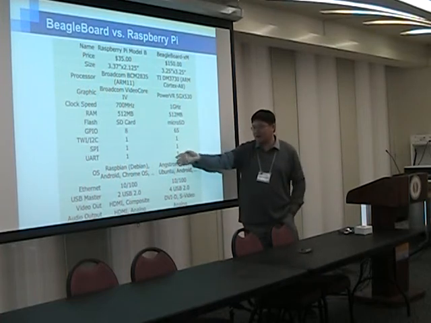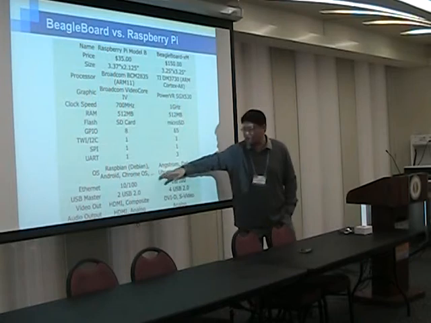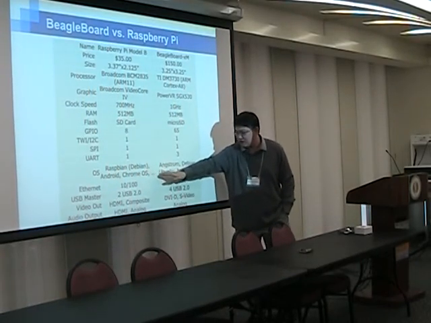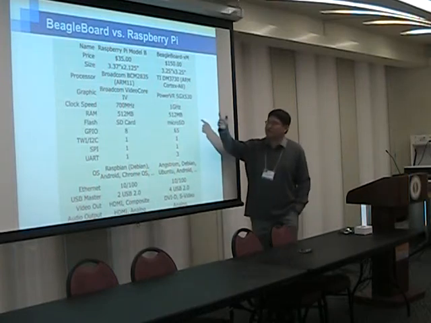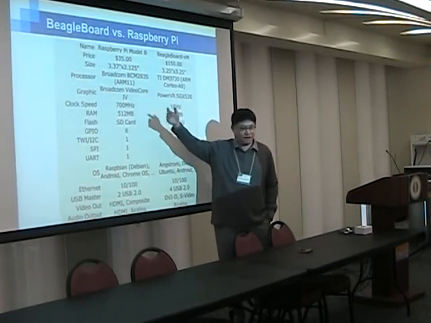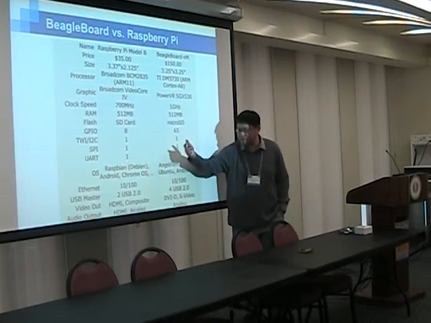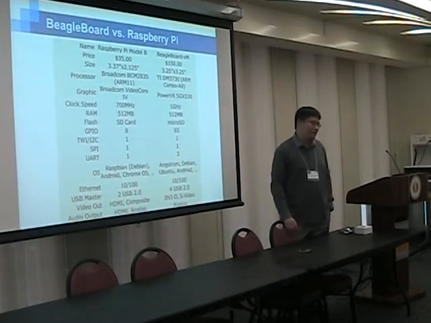They have an SD card, a different number of USB ports, and many different ported Linux distributions. If you really look into it, you'll find that ARM Cortex-A8 is faster than ARM11, and the frequency is higher. But if you really try it, the difference is, I would say, not that much.